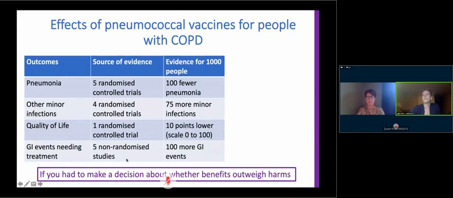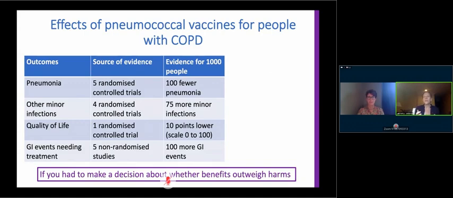You pulled together the evidence from the studies, and then you came up with your relative effects or mean differences, translated into numbers of people. We found that there were 100 fewer pneumonia if you take vaccines, 75 more minor infections.